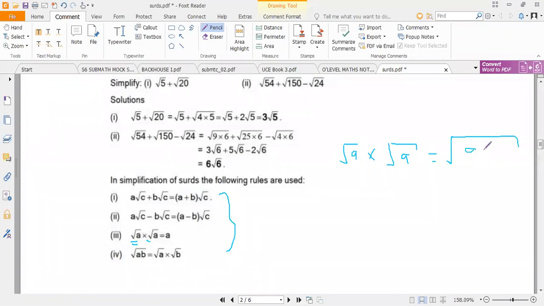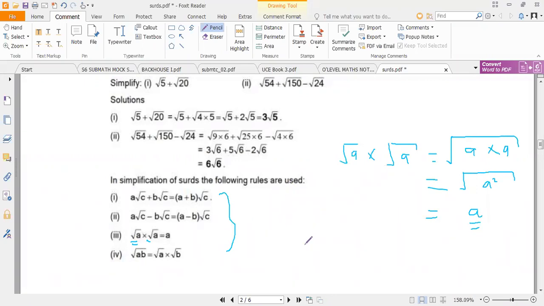That is, the A will multiply with the A, but under the same square root sign. So you end up having the square root of A times A, which is A squared. And of course, the square root will cancel with the square, and you end up getting your answer as A. So that's how we do the multiplication.